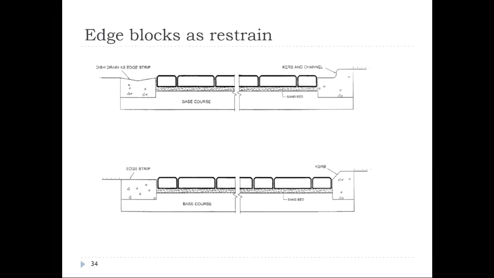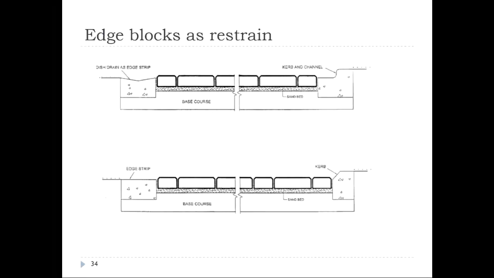Now let us also see the effect of edge restraint. This is very important. Edge restraints are very important. One of the major issues I have observed when people construct these interlocking block pavements is that they construct the block pavements initially, and only at a later time do you find them placing these curb stones or this edge restraint.